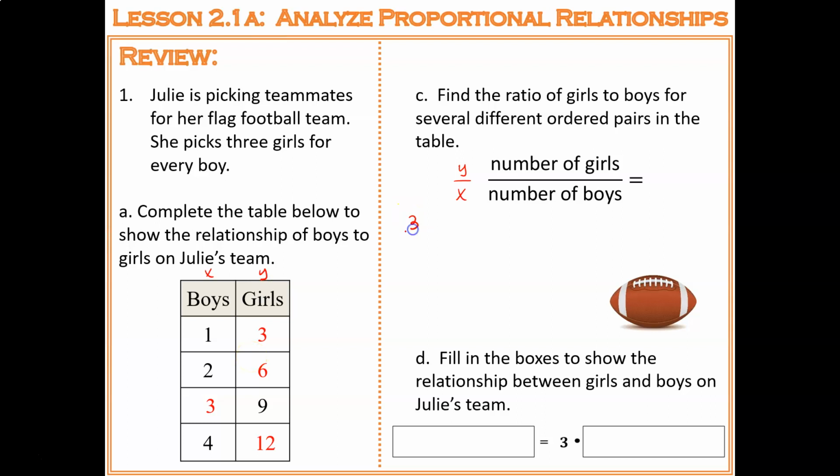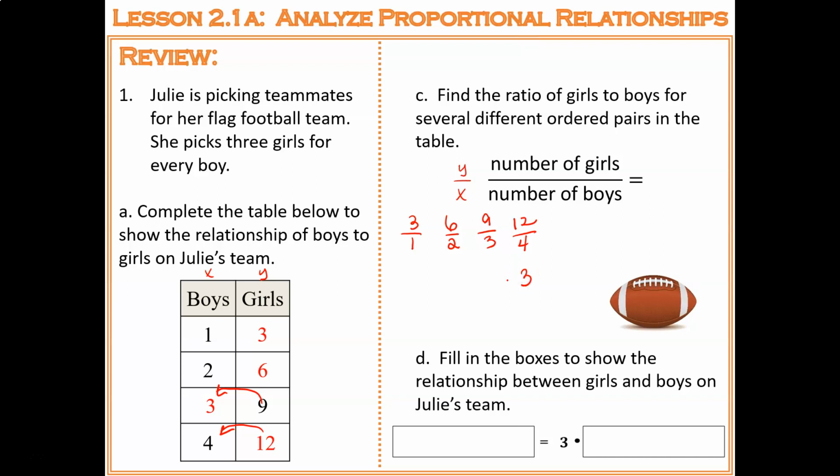So I have 3 girls over 1 boy, 6 girls over 2 boys, 9 girls over 3 boys, and 12 girls over 4 boys. What you can see about this is these all simplify down to 3.